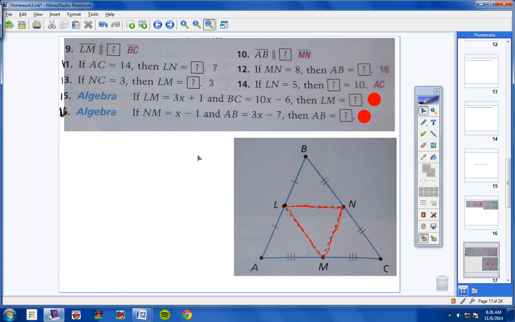Okay, number 15. A little algebra here. Now please watch this carefully, students, okay? LM is 3x plus 1. BC is 10x minus 6.